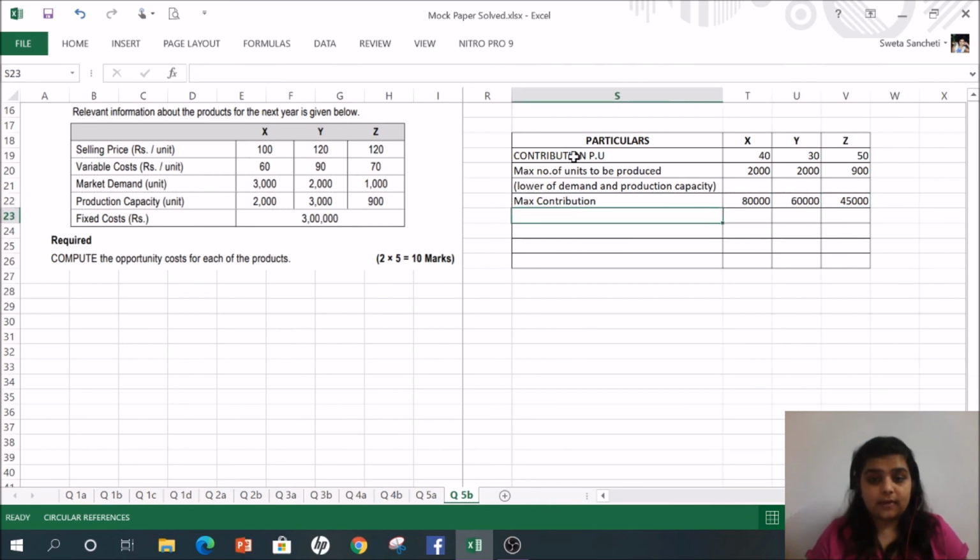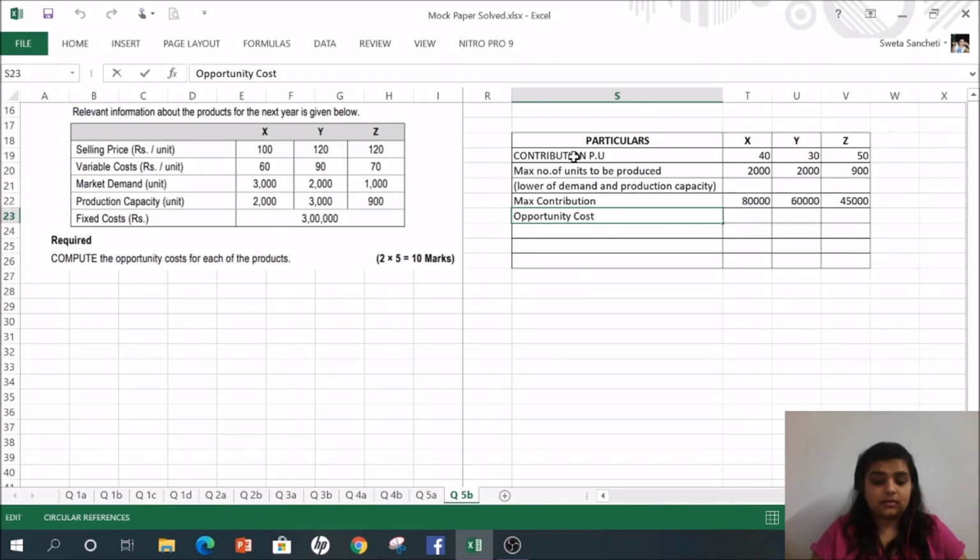Now let us say if I decide to make Z, if I decide to make X, if I decide to make Y. So I can say direct opportunity cost. Now if I decide to make X, what do you mean by opportunity cost?